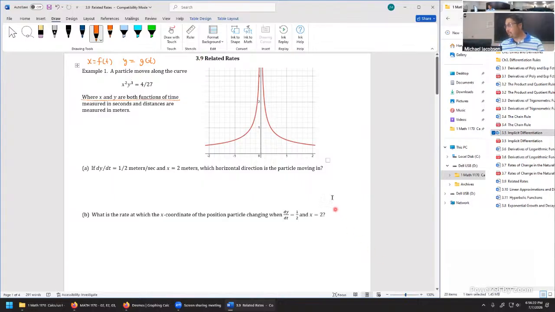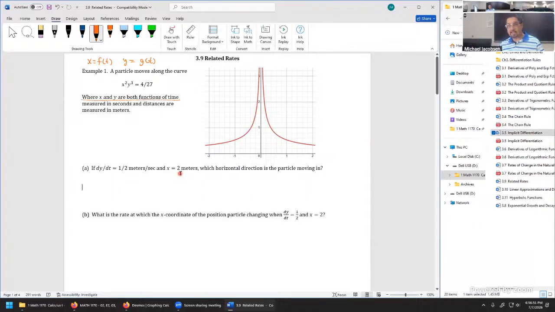But before we even start to differentiate, we're going to revisit the theme that we saw in just the last section notes, that when we take derivatives, they're indicating directionality as well. A positive derivative means moving in a positive direction, whether that's moving up or down, left or right, growing or increasing in temperature, and so on. Here we're told dy/dt is 1/2 meters per second. x is 2 meters.